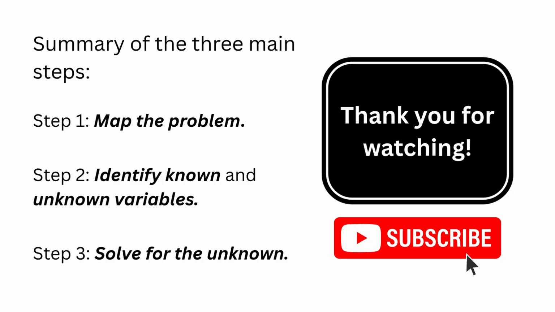Step 2, work out what's known and what's unknown. This includes what you need to solve plus what's already given to you in the question. And then step 3, once you've got a good idea of what it is you're trying to solve and what it looks like, you can go ahead and solve for the unknown variable that they're asking for.